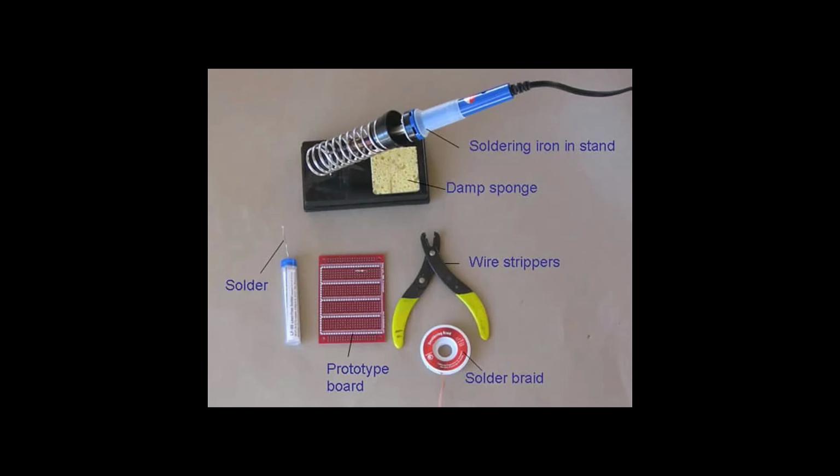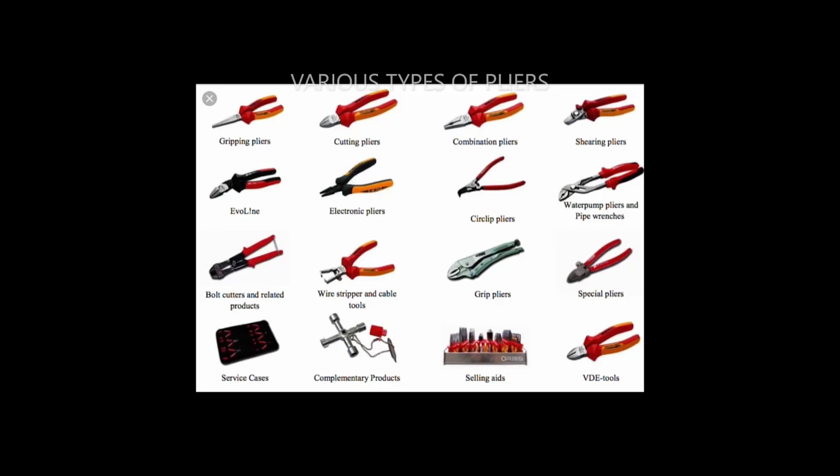Now, we move on to pliers. There are many different types, shapes, and sizes of pliers. They are used for cutting wires, twisting wires, bending wires, or holding and gripping wires, and not just wires, but also cables. This is an example of a plier.